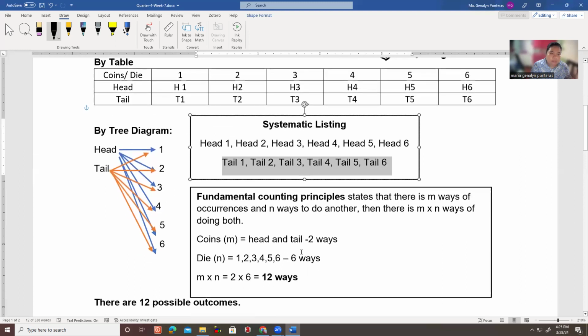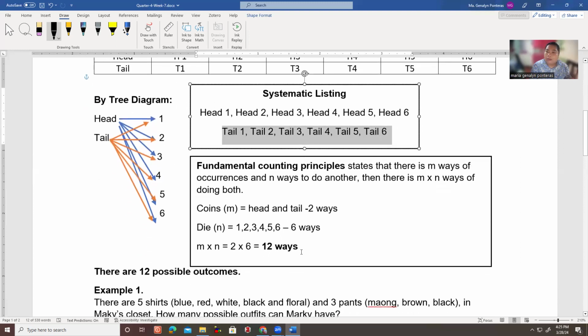Now, let's have the fundamental counting principle. It states that if there are m ways of doing one thing and n ways of doing another, then there are m times n ways of doing both. So the coin has m ways, meaning two ways of presenting the outcome, which are head and tail.